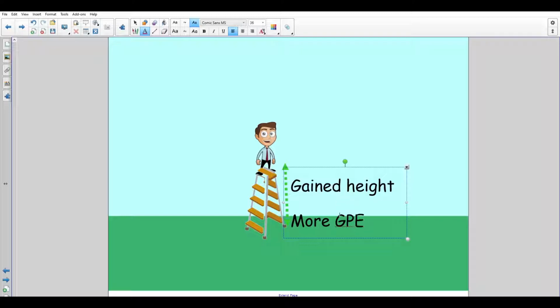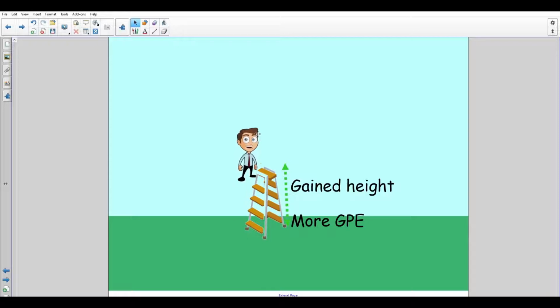I'm going to keep calling it that, but I might type GPE, gravitational potential energy. As he goes up the ladder, every step he takes, he's getting higher off the ground, and therefore he's gaining more energy. So that's our first thing: height is our first factor that affects it.